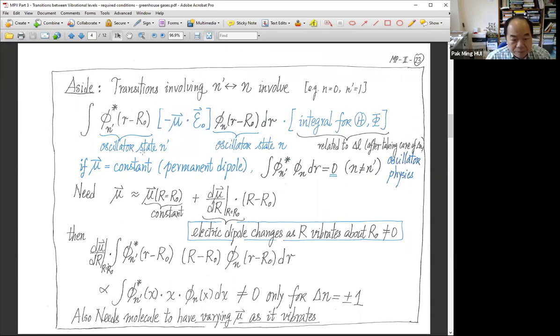Now, let's consider if we only have a constant electric dipole moment, not changing as the molecule vibrating, okay, just stuck there, still, okay? Now, if it is a constant, the field is also a constant, this whole thing can be taken out of the integral.